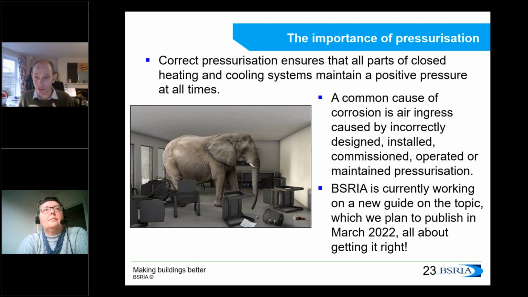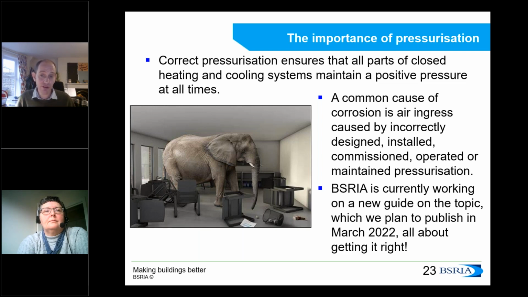And one of the reasons that this happens, not the only reason, but one of the reasons, is because the pressurization in systems sometimes is incorrectly designed, incorrectly installed, not commissioned properly, perhaps has been neglected throughout the life of the system, perhaps the equipment hasn't been properly maintained.